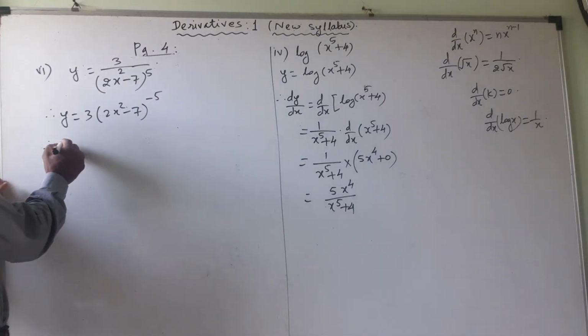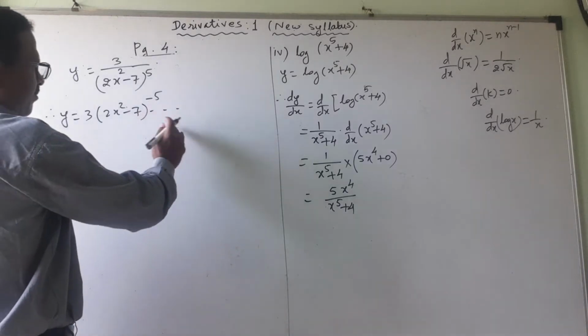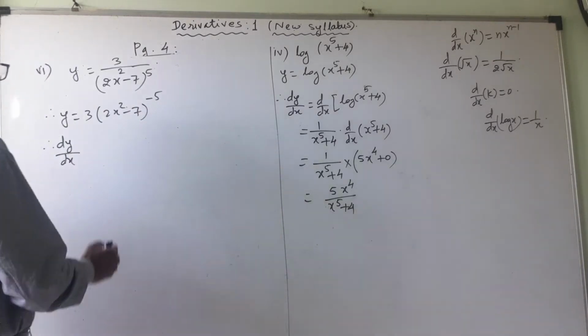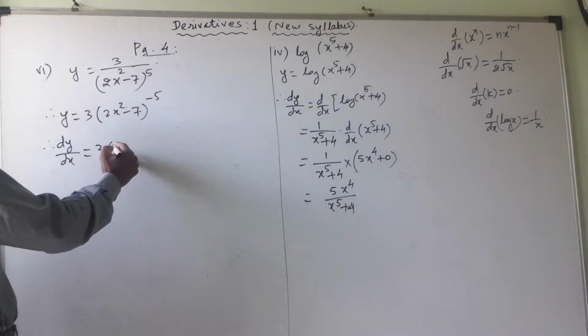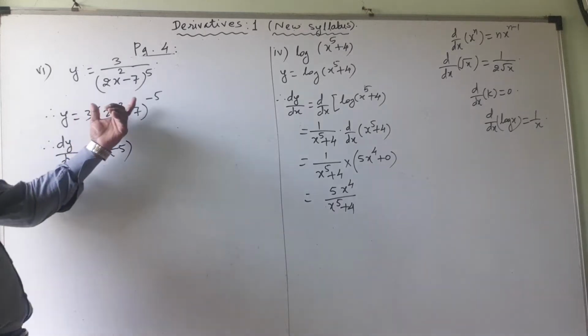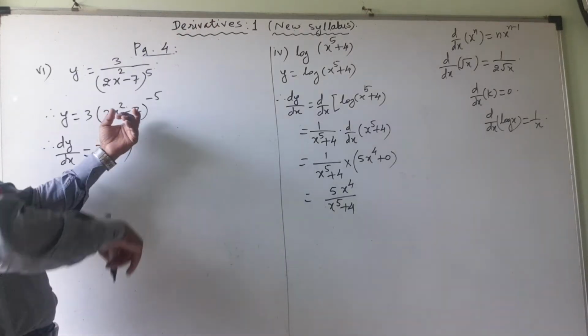Therefore, dy by dx, here you have to give the reason, differentiating with respect to x, is equal to 3. This 5 will come here first, minus 5. This is the power, d by dx of x raised to n, that first formula we will use.